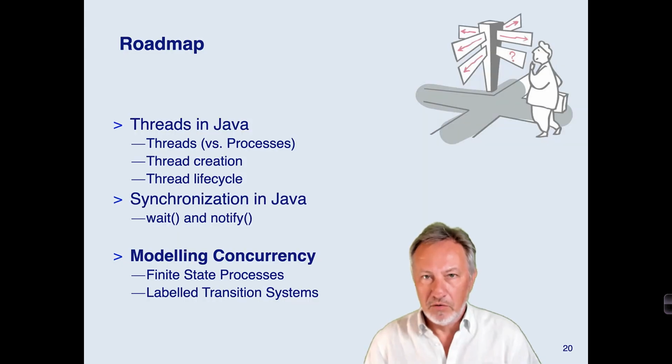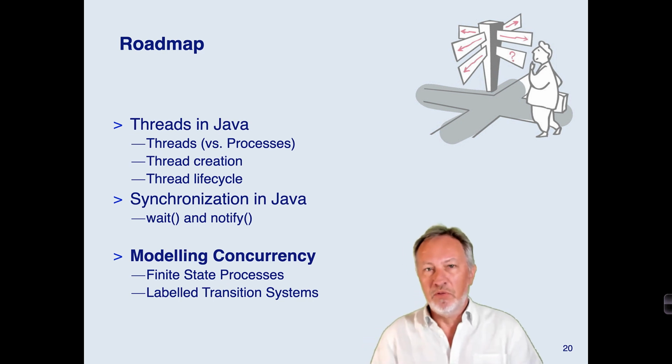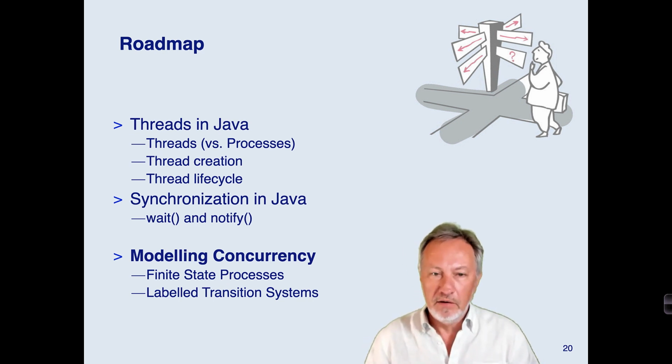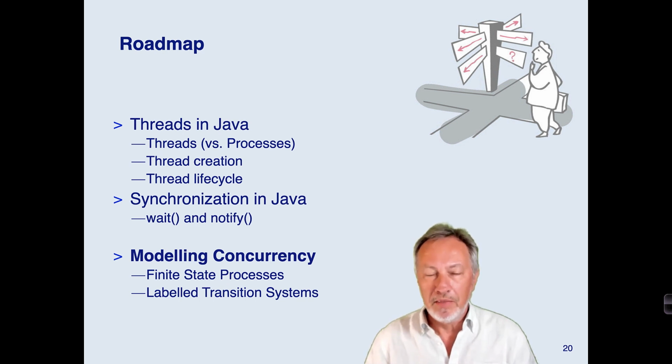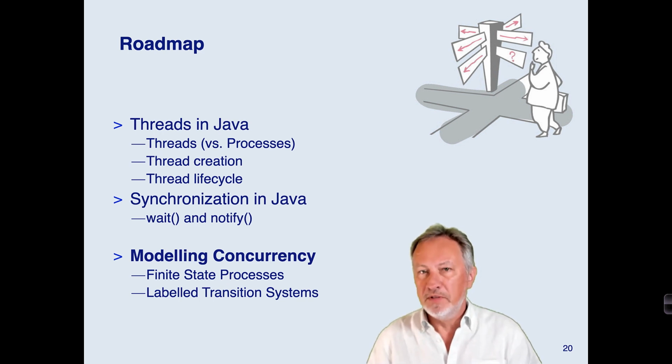Reasoning about concurrent programs can be very complex and difficult because there are many, many possible interleavings, many possible ways in which different threads can interact. What we're going to do is look at a very nice formal framework that abstracts away from the nitty-gritty details of our programs and thinks of these programs as finite state processes.